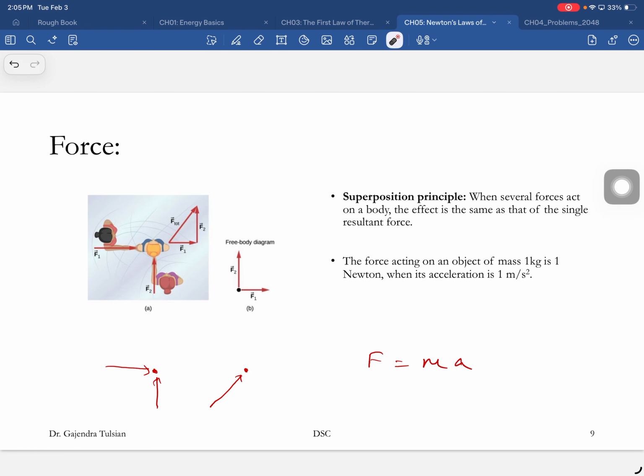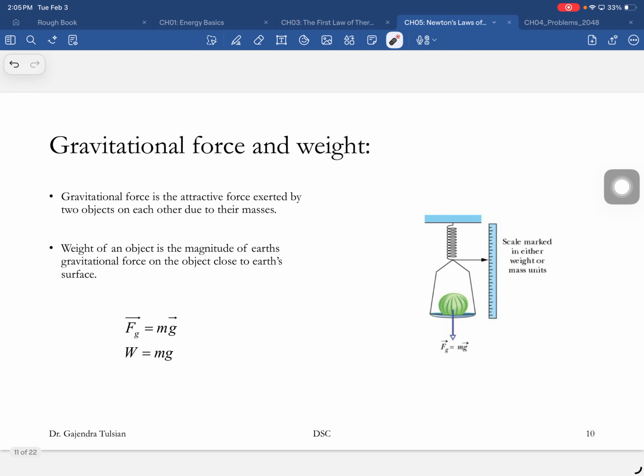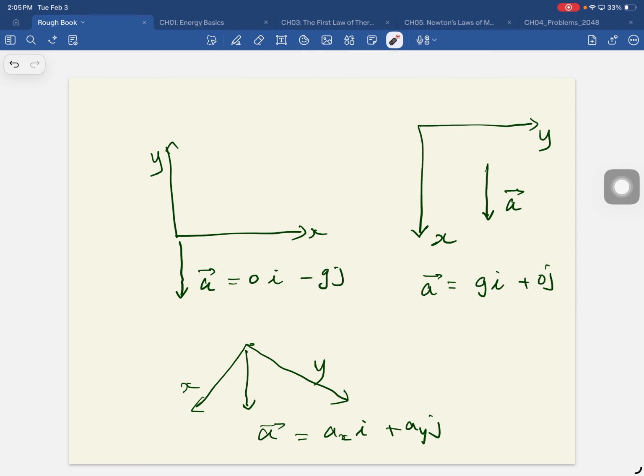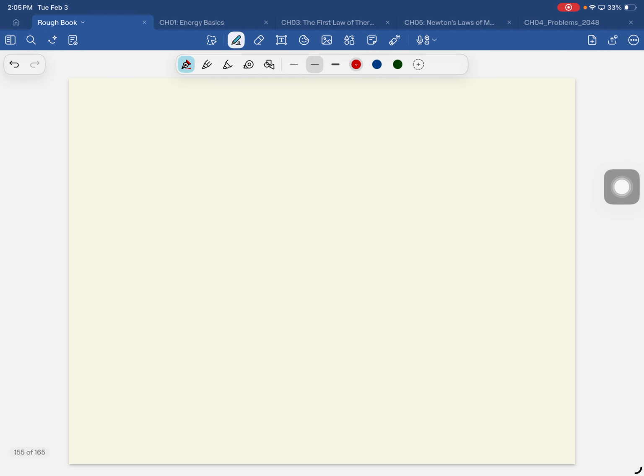The Earth pulls down on this fellow, mg. But what is useful is the component of the weight along the incline and the component perpendicular to the incline.